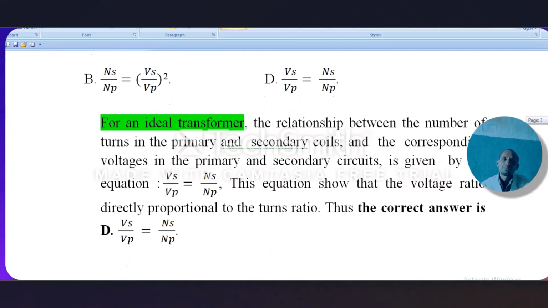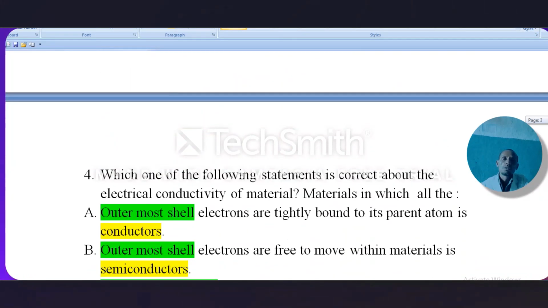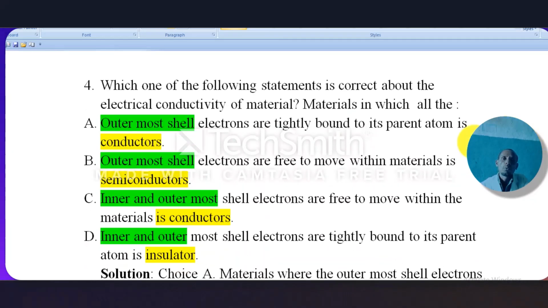The next question says, which one of the following statements is correct about the electrical conductivity of a material? Choice A, material in which outermost shell electrons are tightly bonded to its parent atom is a conductor.